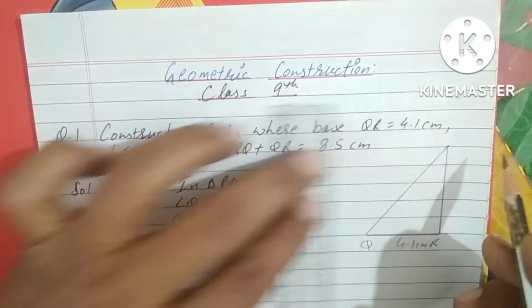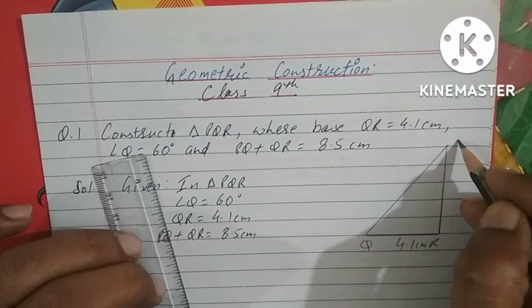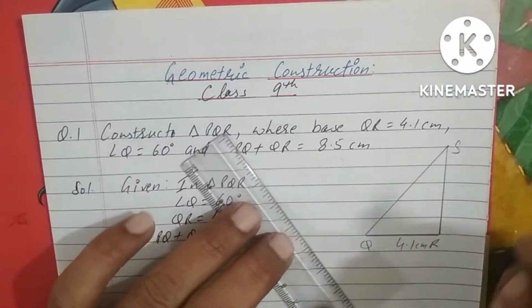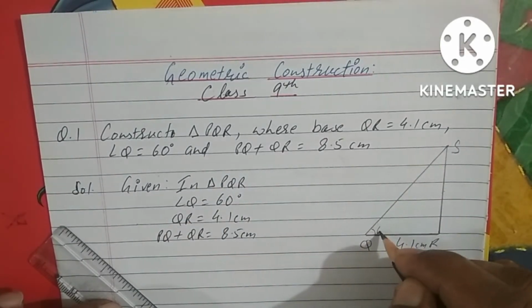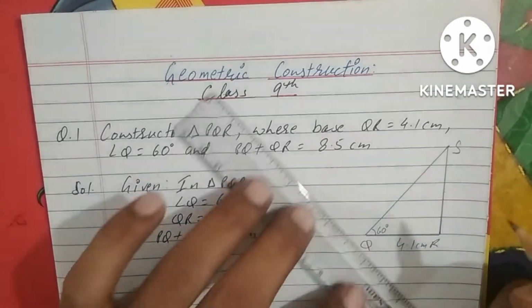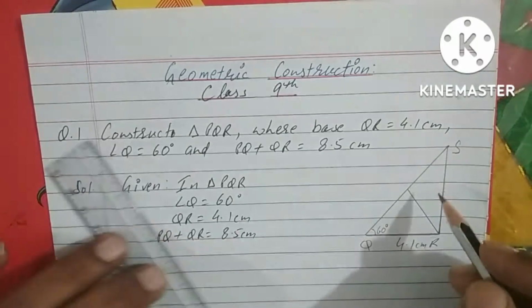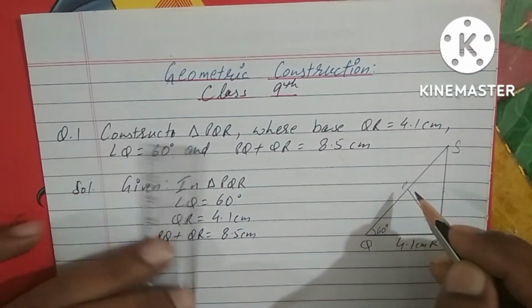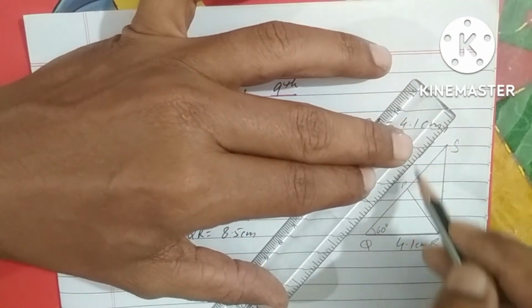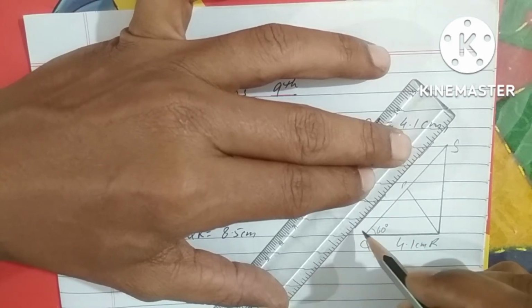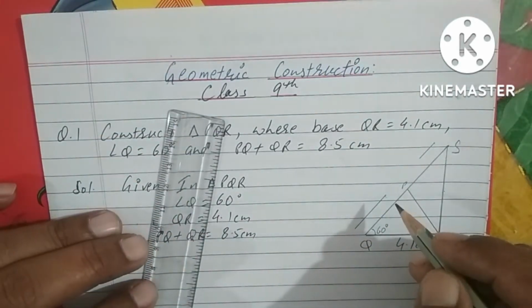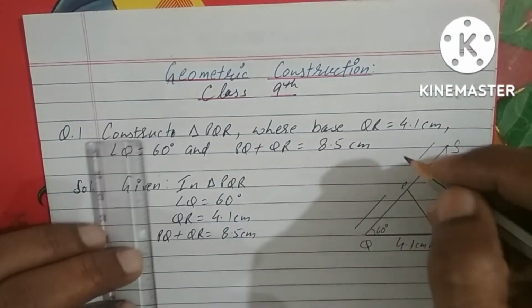Over here, I can write this as S, and this is angle Q, that is 60 degrees, and I'm going to make a line over here which intersects this as P, and the value from here to here will be 8.5 centimeters.